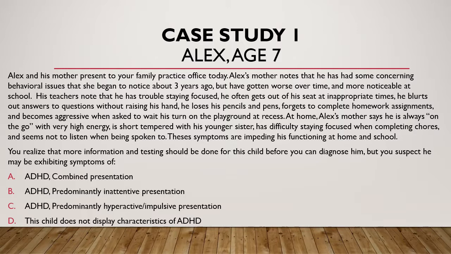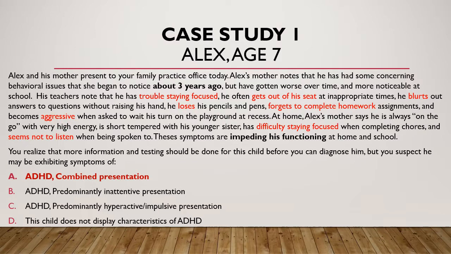Okay, hopefully you noticed a couple of key words here. These symptoms started 3 years ago and they're impeding his function. So right there we know that if he is exhibiting these symptoms, he may be able to qualify for a diagnosis. We're looking at symptoms here and notice that he's having trouble staying focused. He gets out of his seat. He loses things. He's forgetting things.